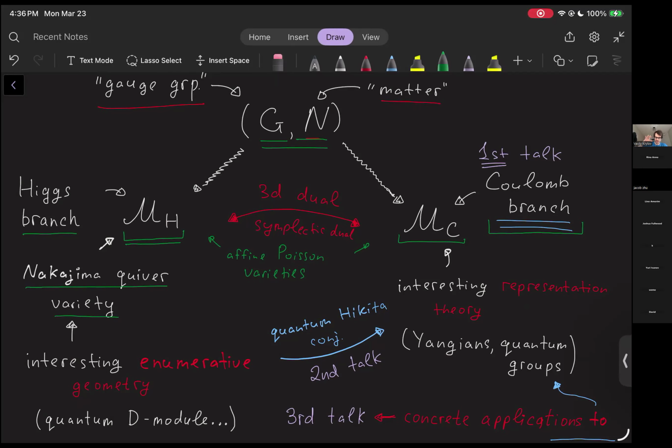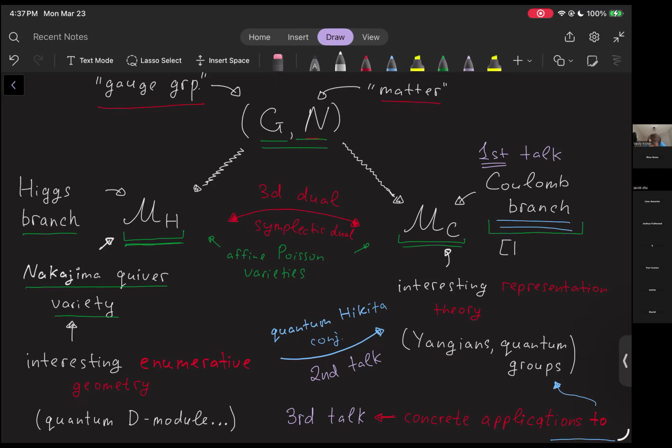So they are non-singular, symplectic, and these MH are affine and Poisson. These Nakajima quiver varieties have interesting enumerative geometry, like quantum D-modules, curve counts from P1 to this Nakajima variety, and so on. So there is some very interesting geometry in them. On the dual side, these Coulomb branches are not so classical.